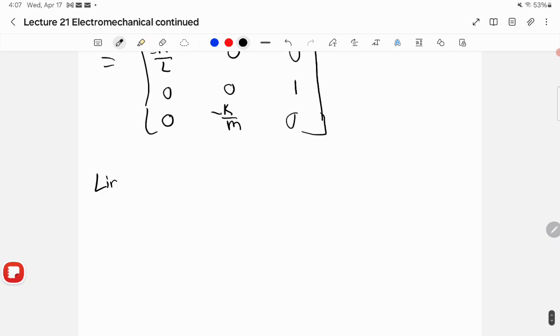And my linearized model then is as follows.